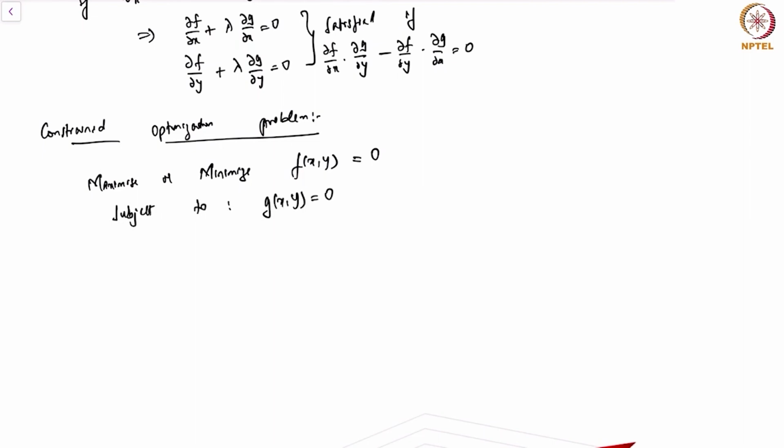This is our original problem. This original problem can essentially be replaced with a problem of a single function, called the auxiliary function. So define an auxiliary function.